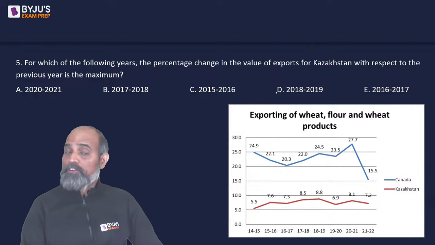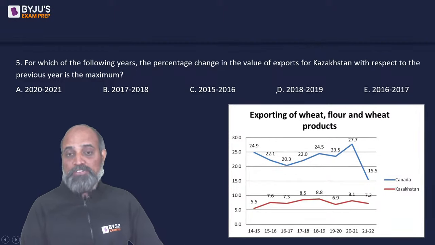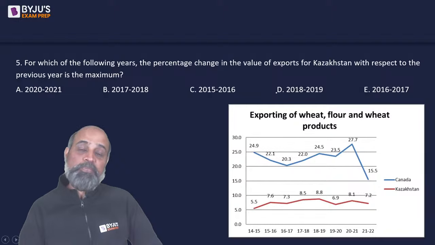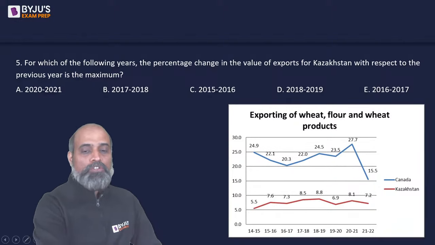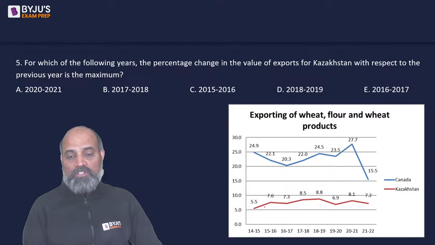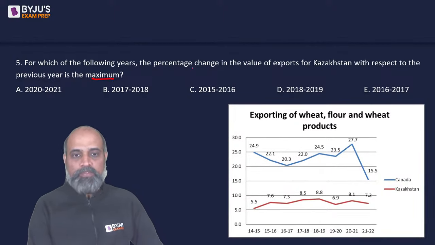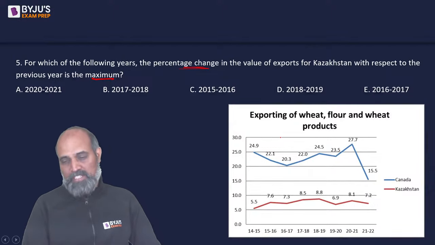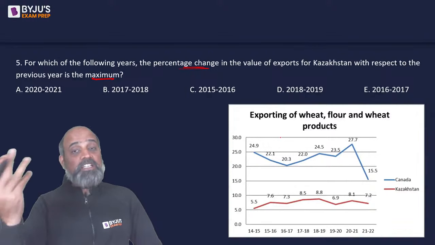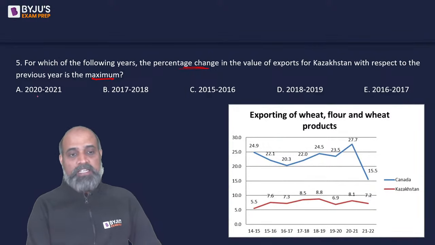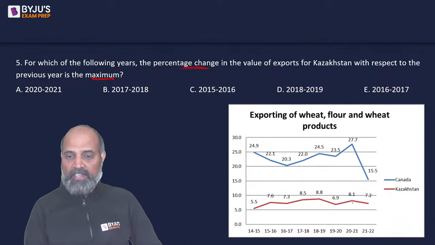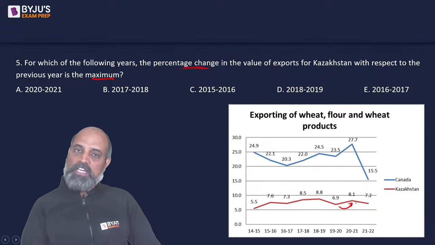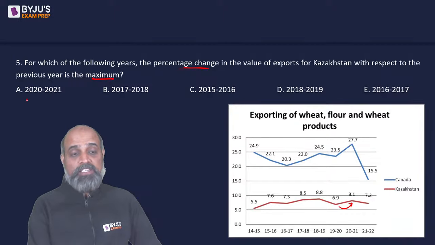For which of the following years the percentage change in the value of exports for Kazakhstan with respect to previous year is maximum? So if we look at Kazakhstan, we need the maximum percentage change, right? For the maximum percentage change, the previous year value should be the smallest and the jump should be as large as possible. जैसे 2020-21 का अगर देखेंगे, so 6.9 has become 8.1, so this is an increase of 1.2 over 6.9.